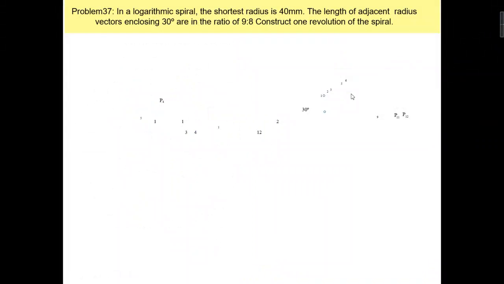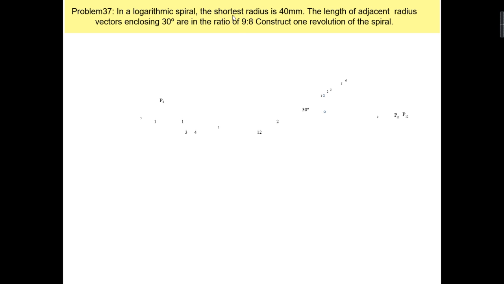So here is the next problem in which you have to draw the logarithmic spiral having the shortest radius of 40 mm, and the lengths of adjacent radius vectors enclosing 30 degrees are in the ratio of 9 by 8. What that means is, when the line moves 30 degrees, your point moves in the ratio of 9 by 8 from the pole.